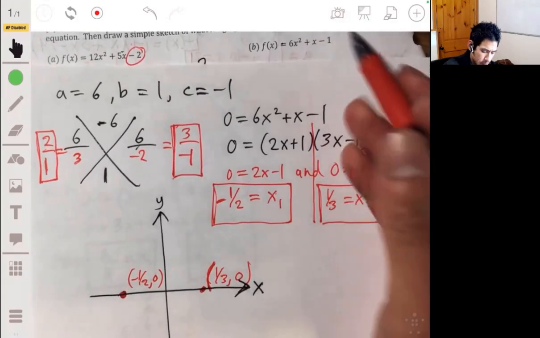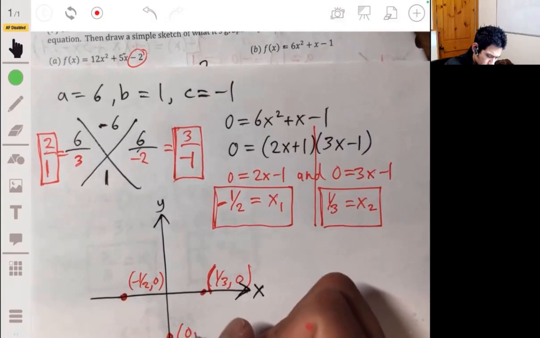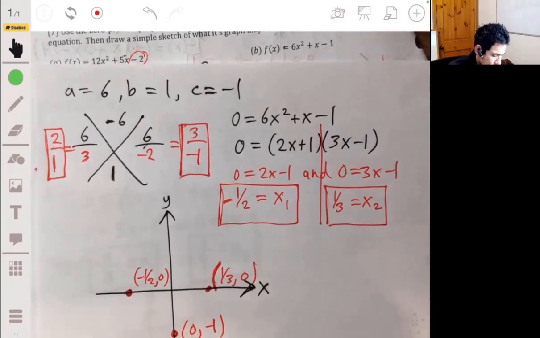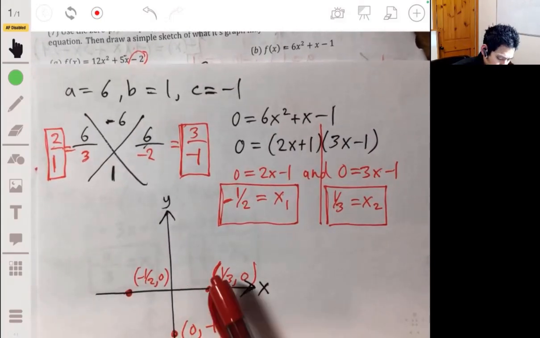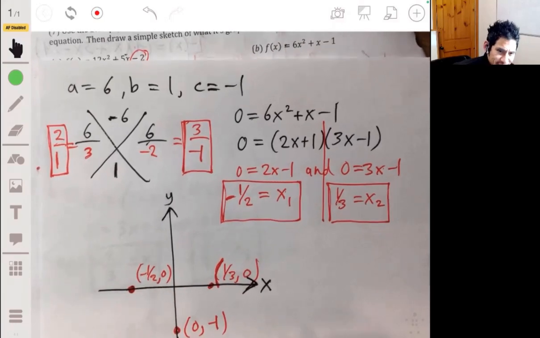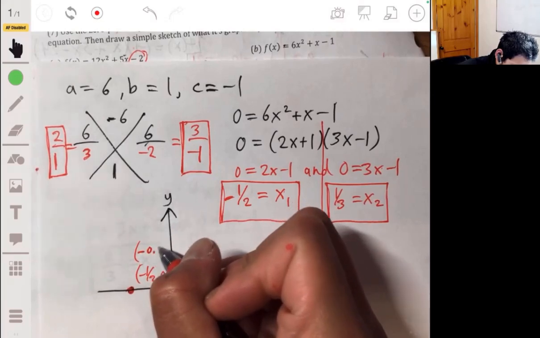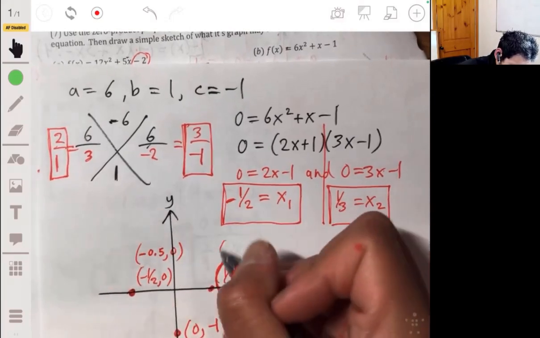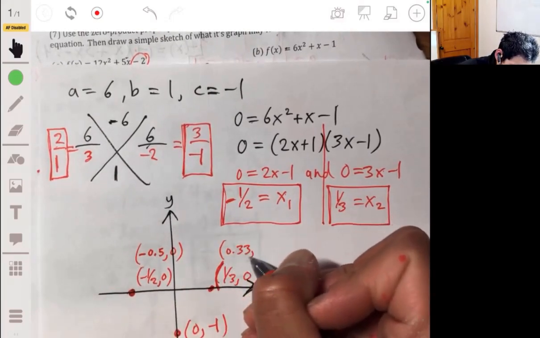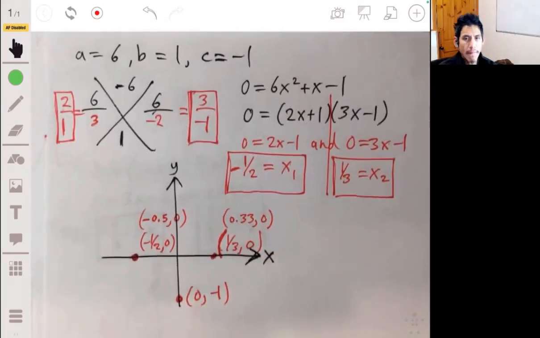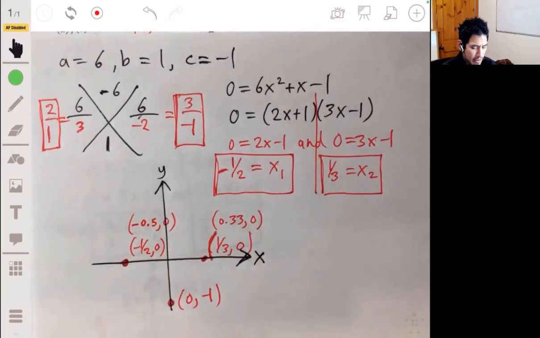The y-intercept is negative 1, so it's 0, negative 1. And let's find the middle of those two numbers now. Hopefully it works out more simple than the one before. This is the same as negative 0.5, comma 0, and this is the same as 0.33, comma 0. And we add those together and divide by 2.